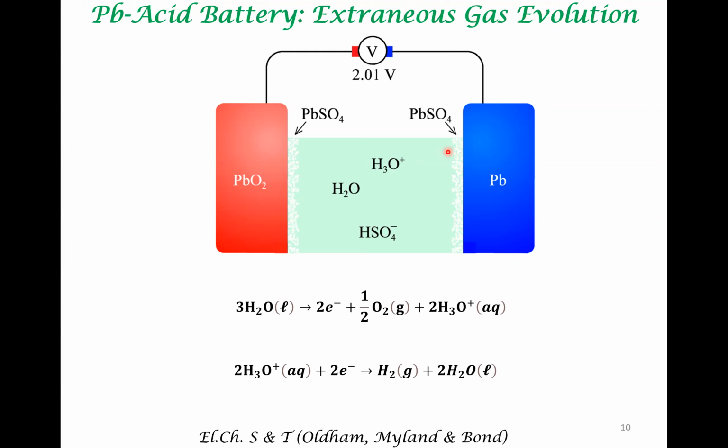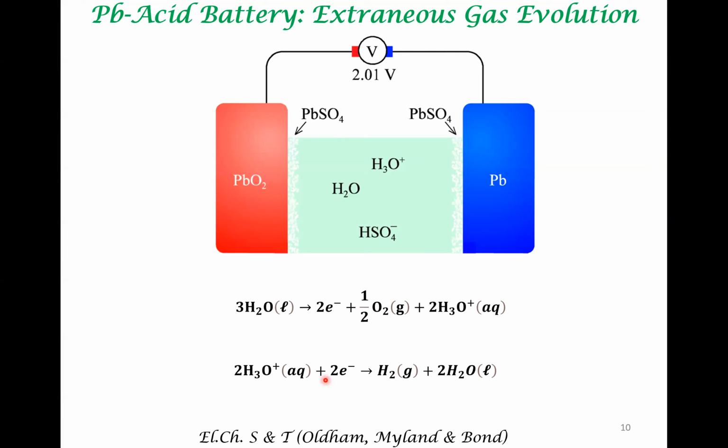So this makes it possible to suppress these two gas evolution reactions. Because these two electrodes are poor in electrocatalyzing these two reactions, that is a good feature of these two electrodes.